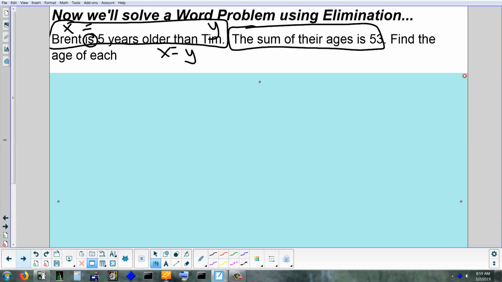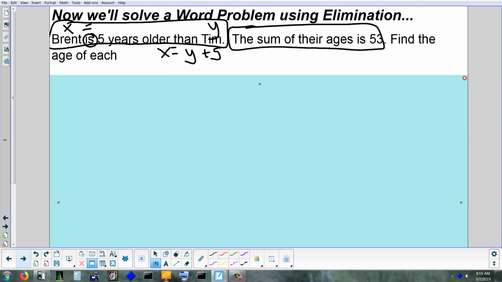The age is increasing, so you're going to add 5. If it was younger, you'd be subtracting, but here it's older. So this is equation number 1.